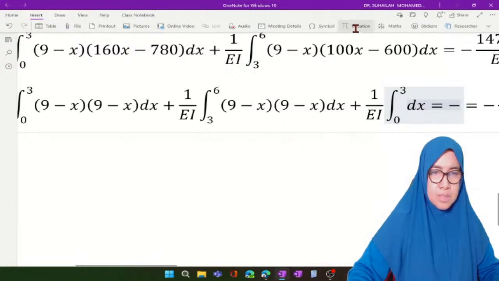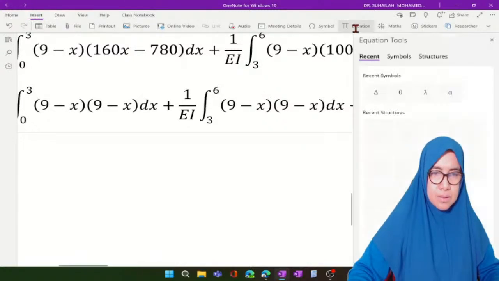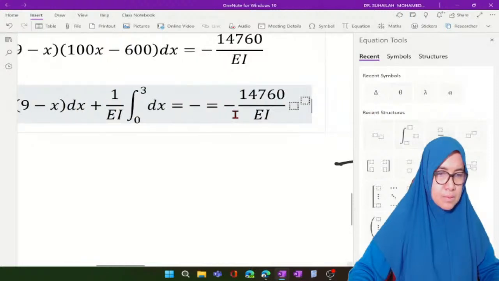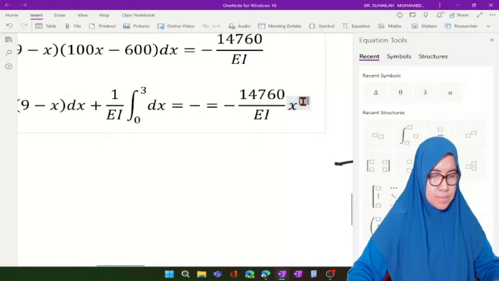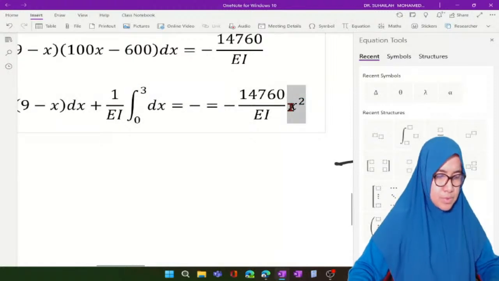Okay, I will insert this x squared and we change the position.